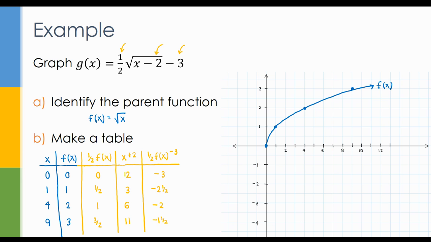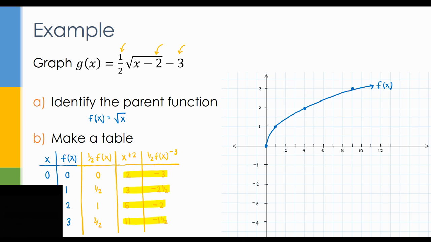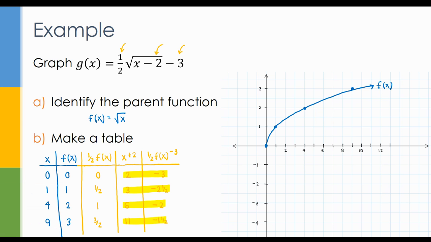So it looks like my ordered pairs are 2, negative 3, 3, negative 2.5, 6, negative 2, and 11, negative 1.5. So I'm going to plot those. So we got 2, negative 3. We've got 3, negative 2.5, 6, negative 2, and 11, negative 1.5.